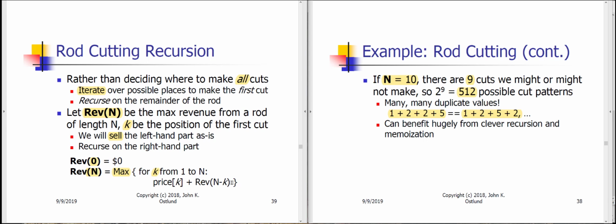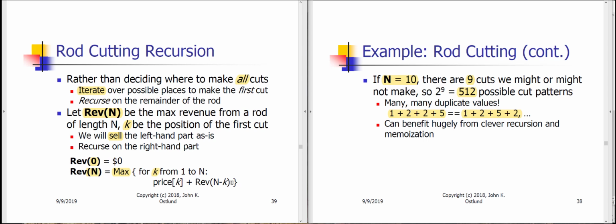You can see that the form of those two equations, where we have the maximum revenue for 0 feet, and then a formula for the maximum revenue for N feet, which will eventually wend its way down to making use of the maximum revenue for 0 feet, are essentially the same form of recursion that we looked at for computing the factorial function, where 0 factorial was 1, and n factorial was n times the factorial of n minus 1, or for the Fibonacci recursion, where the Fibonacci number for 0 was 0, the Fibonacci number for 1 was 1, and then the Fibonacci number for n was the Fibonacci number for n minus 2 plus the Fibonacci number for n minus 1.